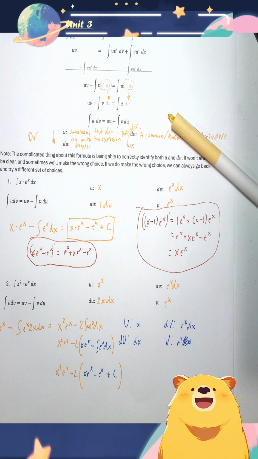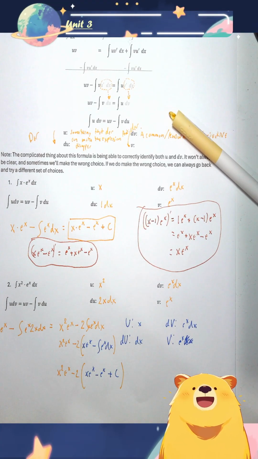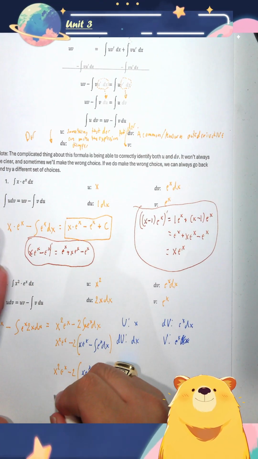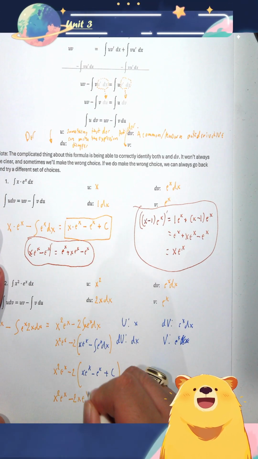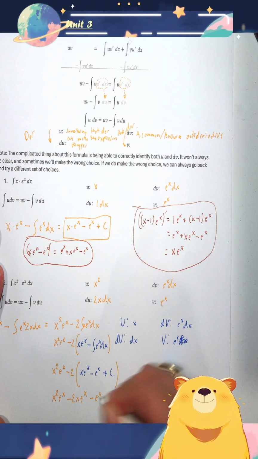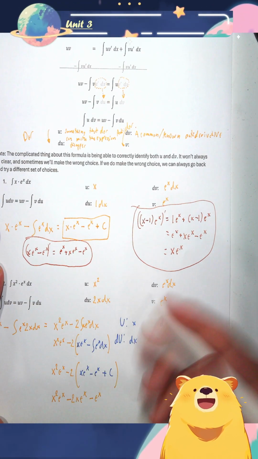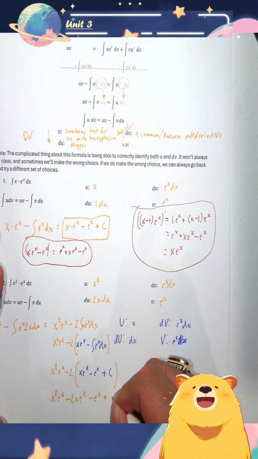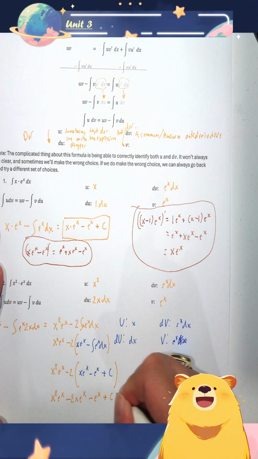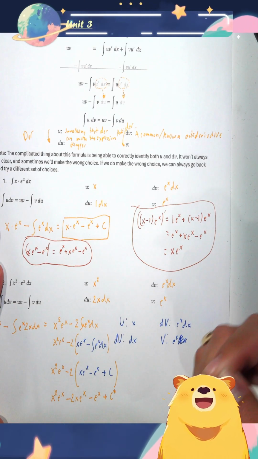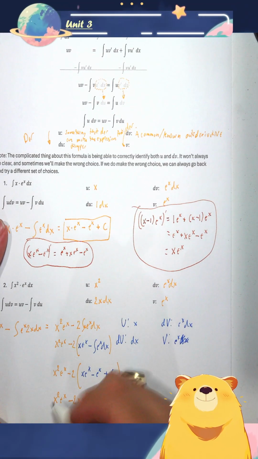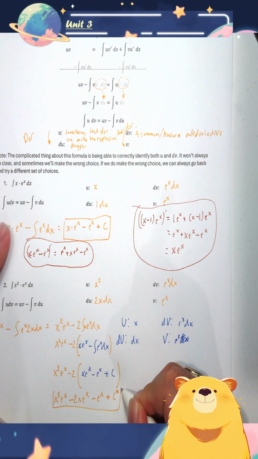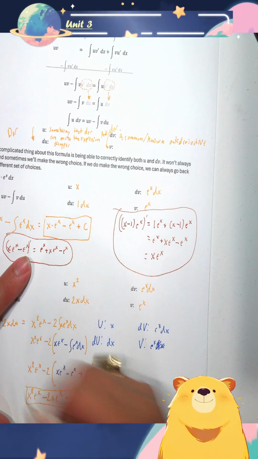So if we multiply that 2, we should get a full answer of x squared e^x minus 2x e^x minus e^x. And then you could do negative 2 plus c, but we know it's just an arbitrary constant, so you can leave it as plus c. And maybe you write a star here if you want, just to note that it did change, but not by a lot. And that'd be your answer.